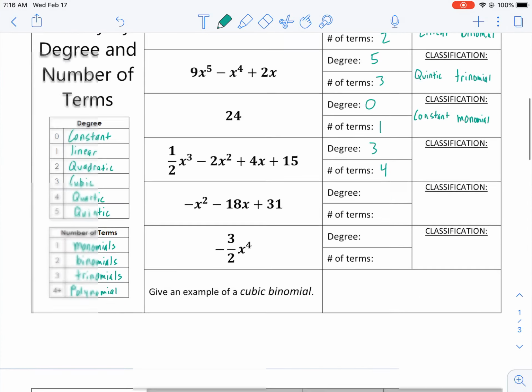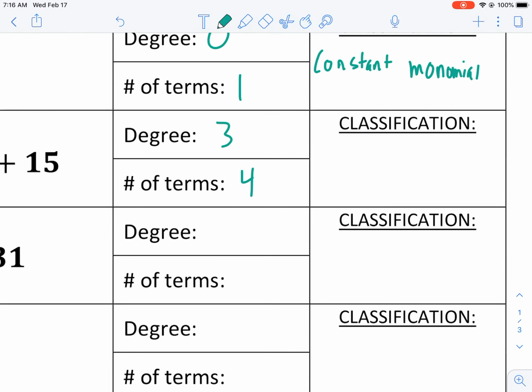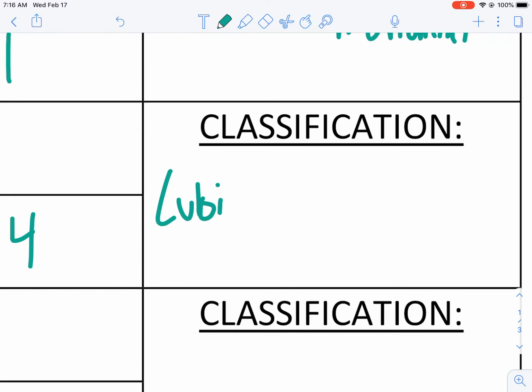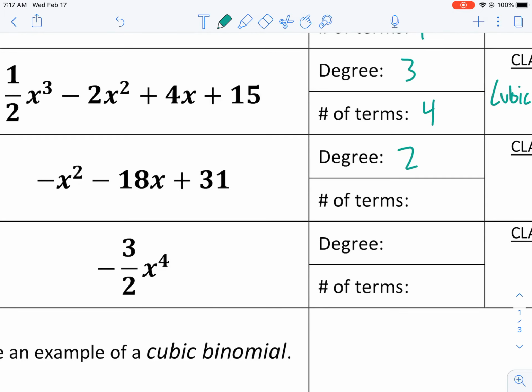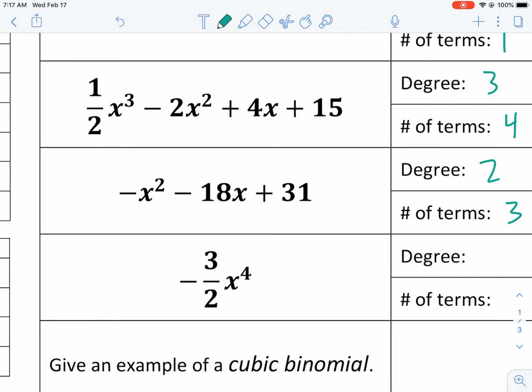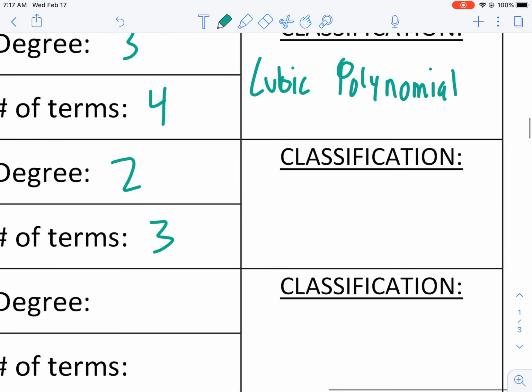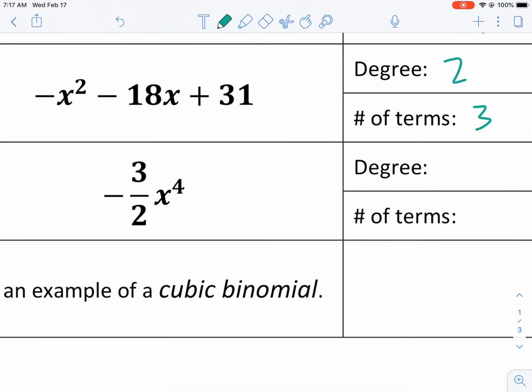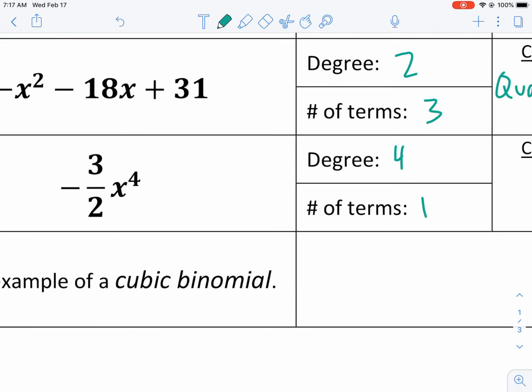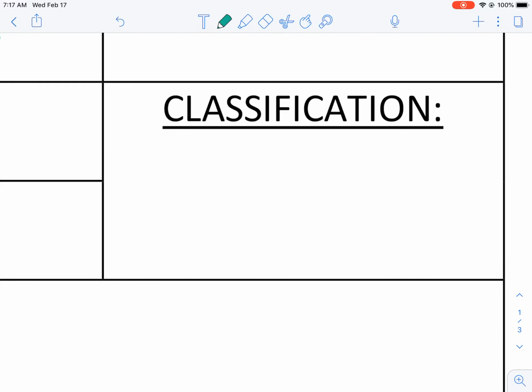Remember, 4 or more we just call a polynomial, meaning it has many terms. So this is a cubic polynomial. Here, degree is 2, number of terms 3. 2 is a quadratic, like an x squared, so you should definitely know that one. This is a quadratic trinomial. And finally, this one's degree is 4, number of terms 1, so that would be a quartic monomial.